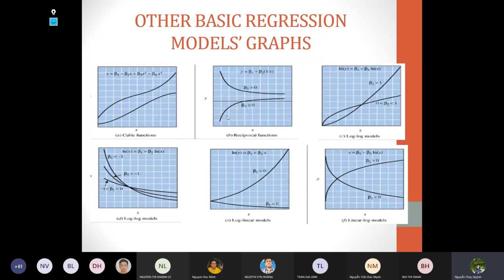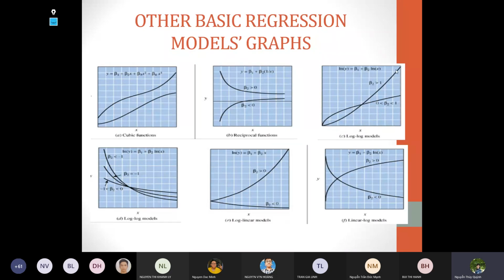If we have a log model, which means that y and x do not have a linear relationship, so the natural logarithm of y is a function of the natural logarithm of x, the graph of x and y will look like this.